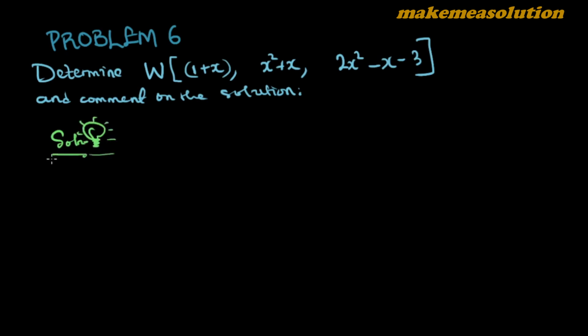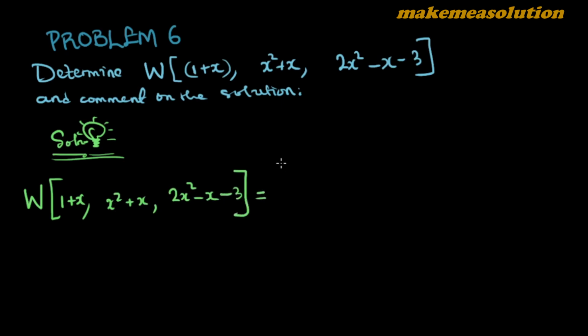To determine the Wronskian of 1 plus x, x squared plus x, then 2x squared minus x minus 3, it's going to be formed by this matrix. First of all, we have 1 plus x, then x squared plus x, then 2x squared minus x minus 3.